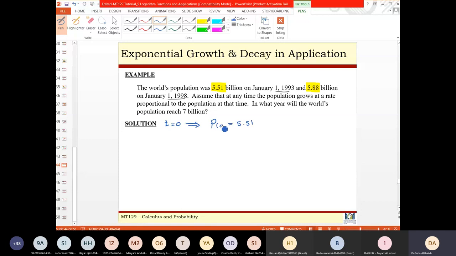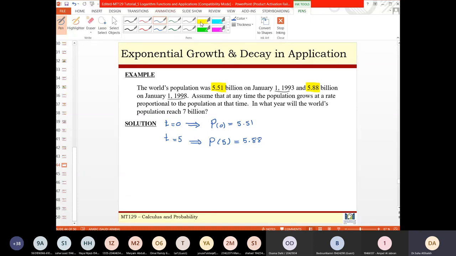We say this is P at the time 0. And in 5 years, يعني لما T became 5, the population after 5 years, يعني P at 5, it became 5.88 billion. This is what they give me in the question. بس هذا اللي أعطاني إياه.